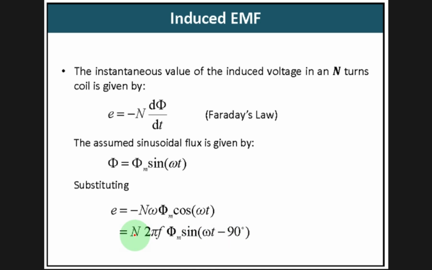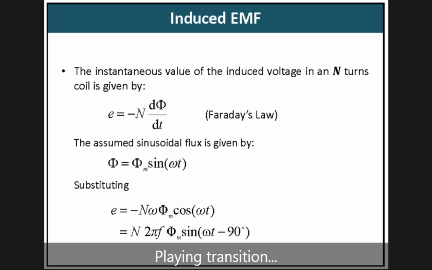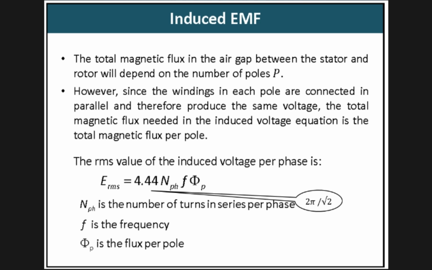So the induced EMF will depend on the number of turns, the frequency of the supply, and the angular frequency of the supply. So these are interrelated. The total magnetic flux in the air gap between the stator and the rotor will depend on the number of poles.